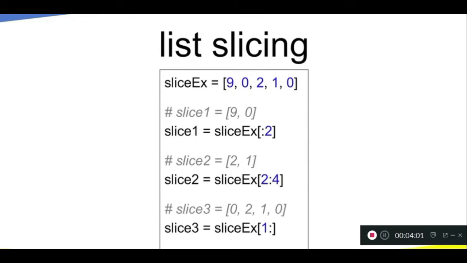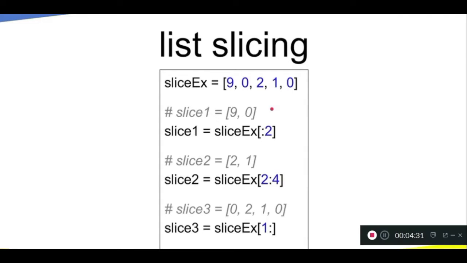In strings, if you want to print from the beginning to some point, we use the colon and the point to which we want to print. Then in slice 2 we have an example where we want to print only a few elements in the middle of the list, and in slice 3 we have all the elements from a point till the end of the list.